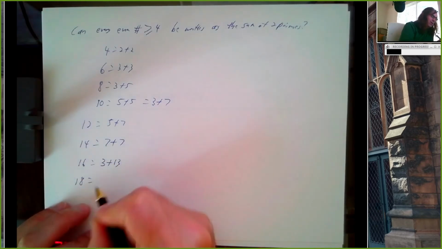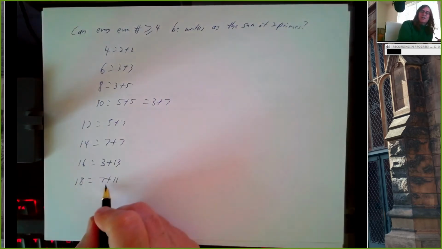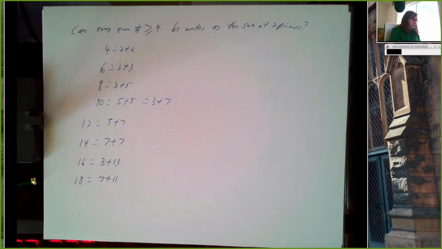It might take a while to come up with the right combination, and I think this is the only combination of primes that adds up to 18, but there is at least one. And so the question is, can you do this forever? Or is there an even number that's not expressible as a sum of two primes?